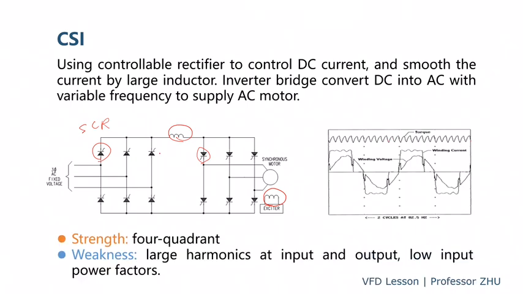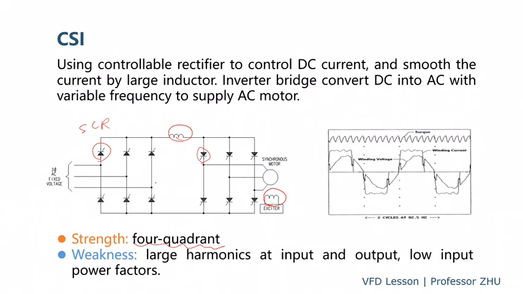So the advantage of the CSI, current source inverter, is that it can do the four-quadrant operation, or we call it regeneration. In a lot of applications, for example when you stop a load with big inertia quickly, or when we use it in a crane or elevator, there is a situation where the mechanical energy on the motor can convert to electrical energy.